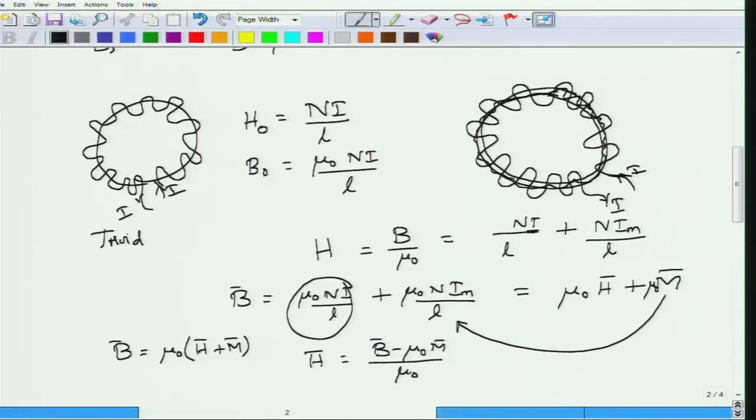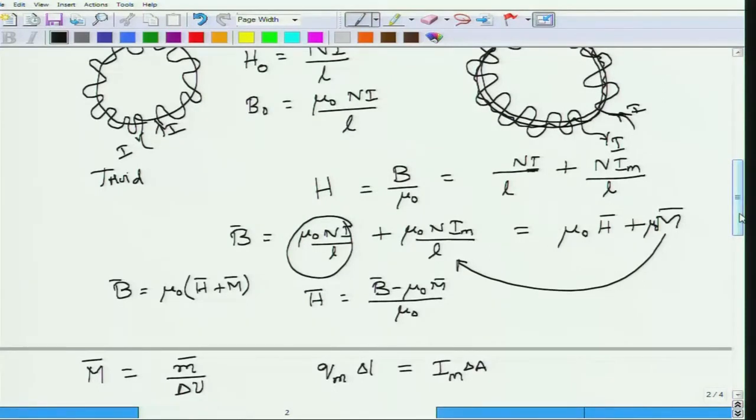If there was no magnetization, that is in free space, whatever H is there would be equal to B by mu 0. However, in the presence of magnetic materials, the magnetic field B would actually change from the simple value of B to B minus mu 0 into M, and divided by mu 0 will be equal to H. In most cases, just like the case of a dielectric material, the relationship between M and H is linear.